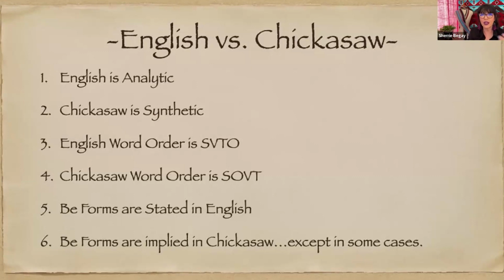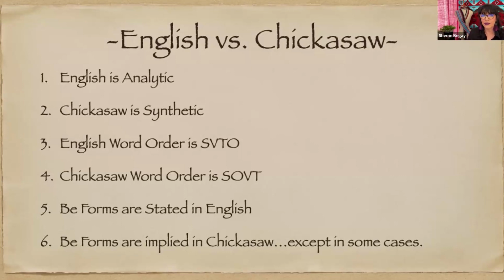So that's something to keep in mind whenever you are going from English to Chickasaw. It's really on the opposite end of the languages. There's really only the 2 types of languages in the world. You've got analytic and synthetic, and the ones that are very synthetic are polysynthetic. And a lot of native languages are polysynthetic.